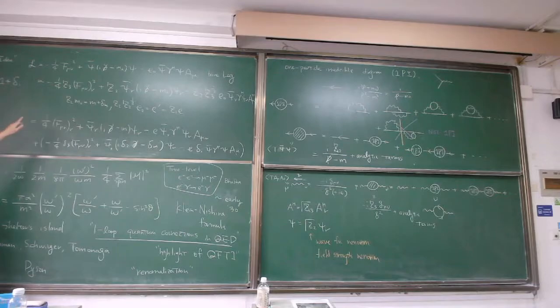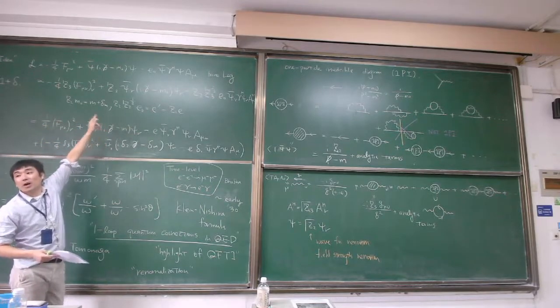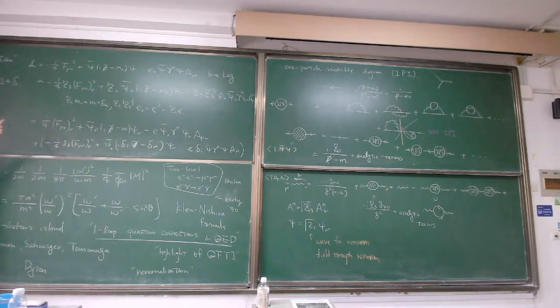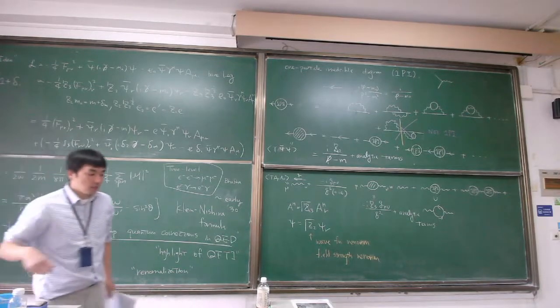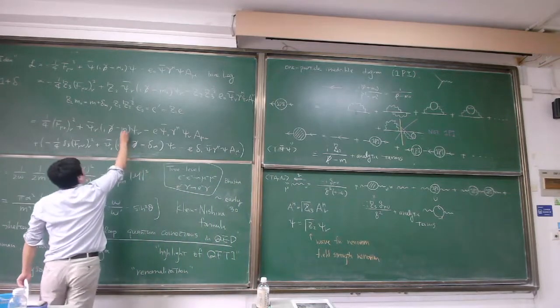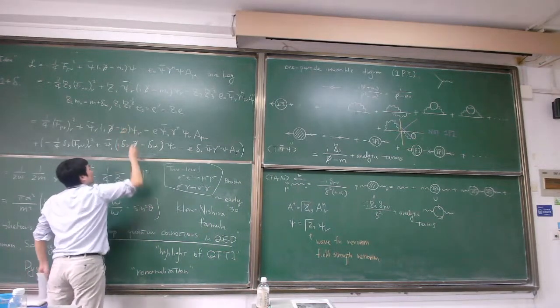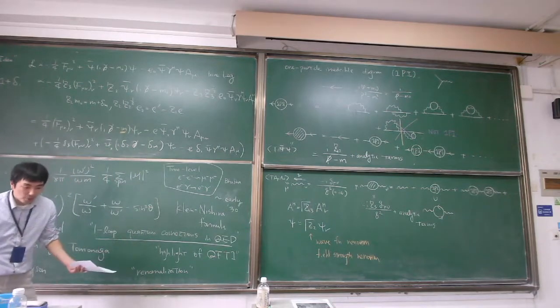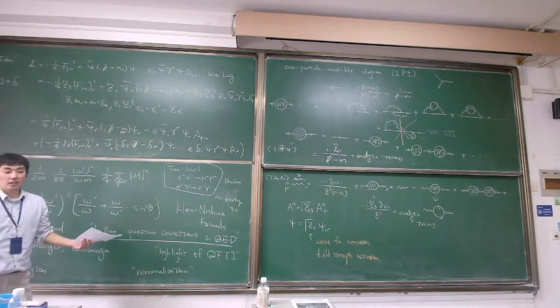If you do the following change of variable, this splitting is very meaningful. This is the physical mass, treated as a physical mass. Physical mass means the mass observed at our ordinary scale.